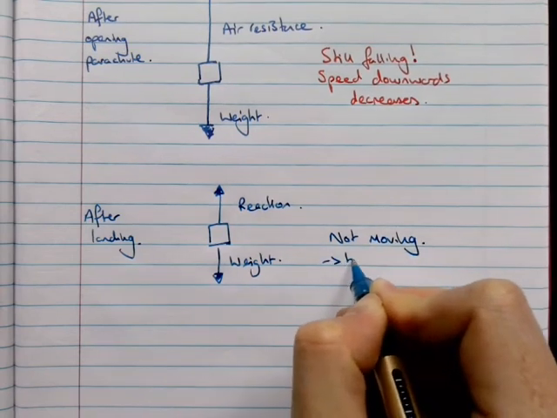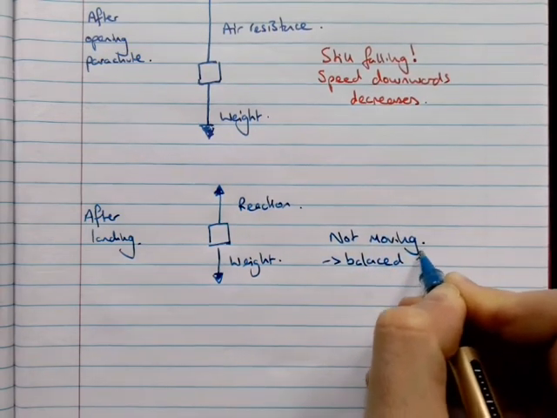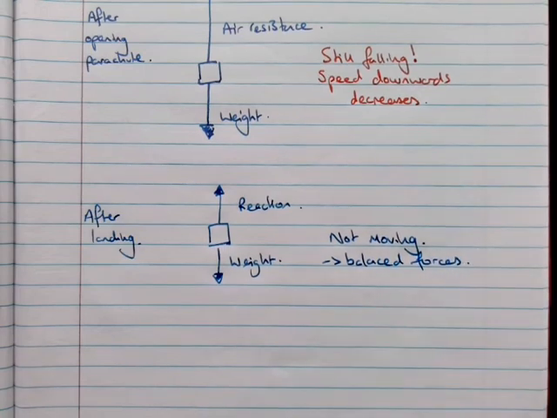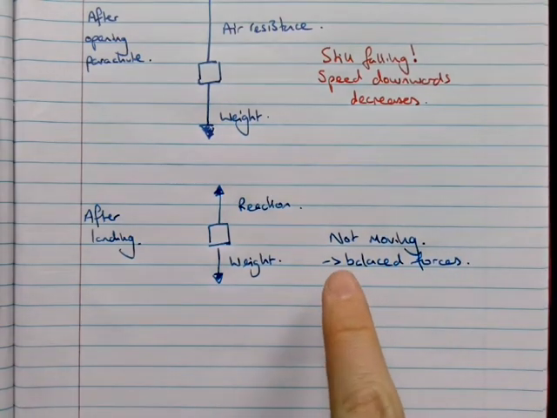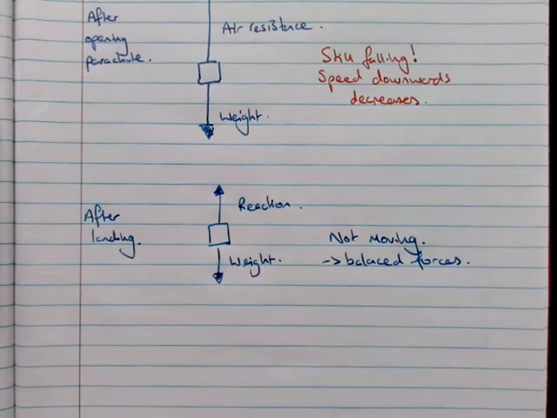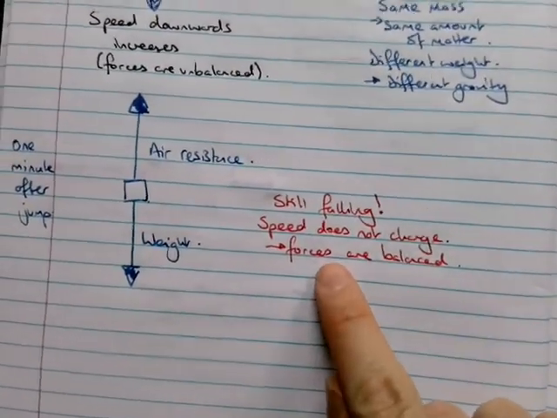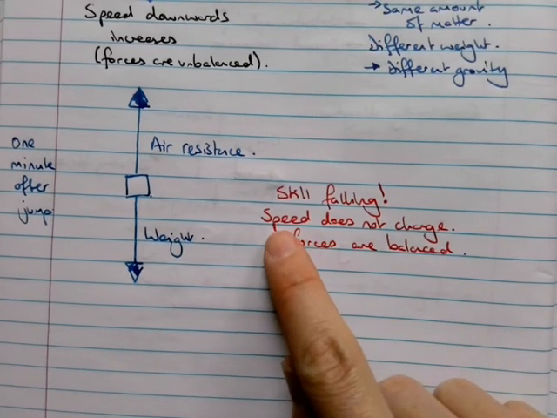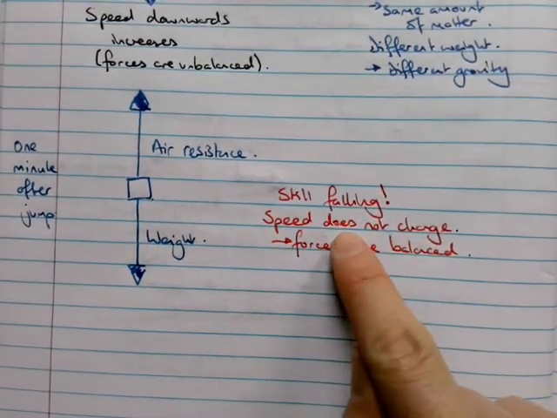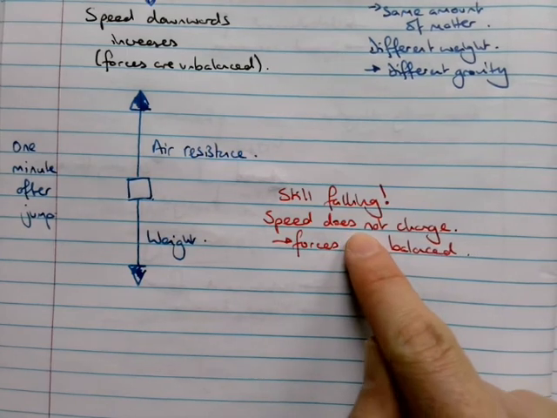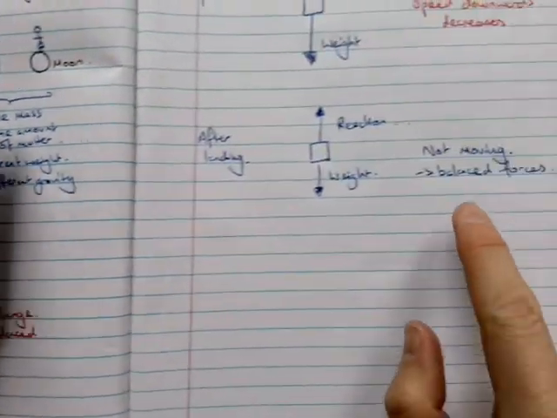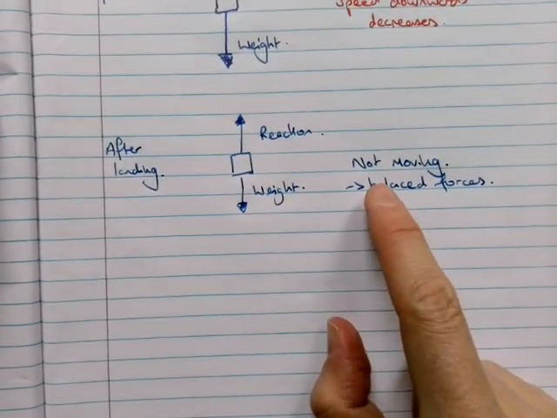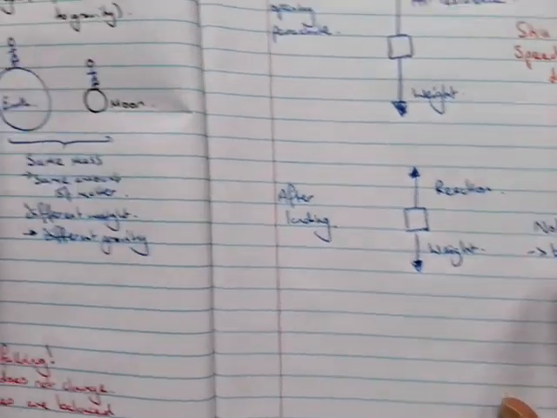Balanced forces. It's really important that you see here, forces are balanced and you are not moving, whereas over here, forces are balanced and you are moving. But in both cases, your speed is not changing. Here you are moving, but you don't get any faster or slower. And here you aren't moving, and you also don't get any faster or slower.